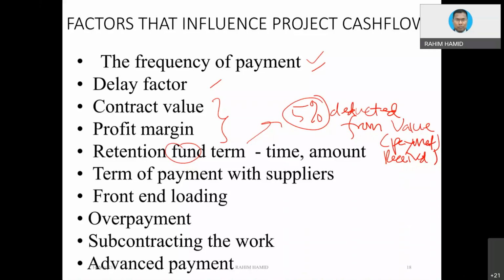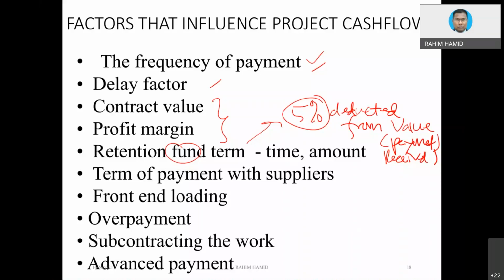Perhaps a certain portion will be returned upon practical completion, meaning when you complete the project, so maybe in the next month you are going to get perhaps half of it, and then the remaining you will get after the defect liability period.